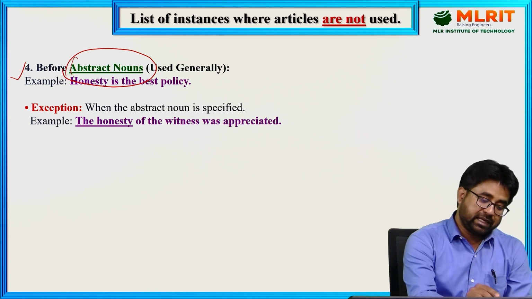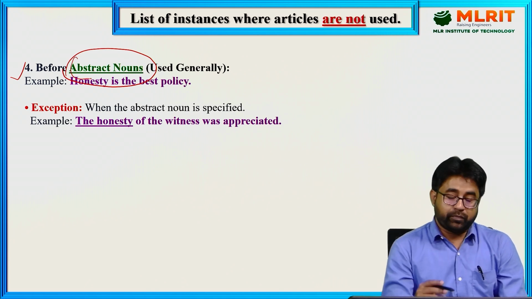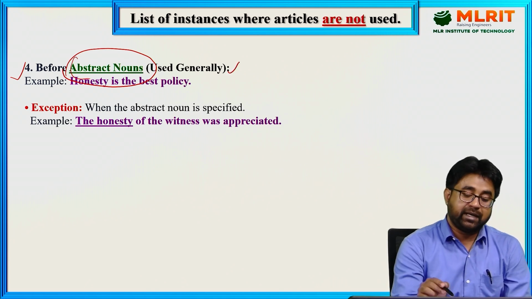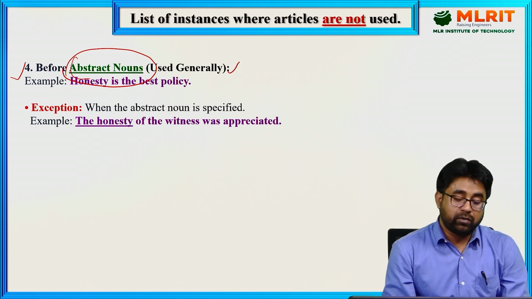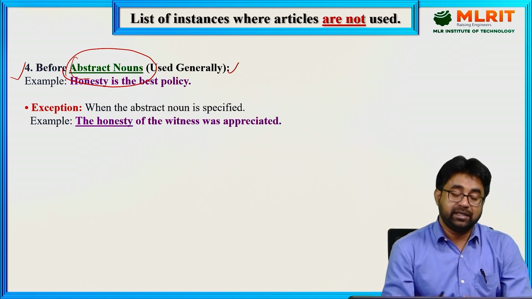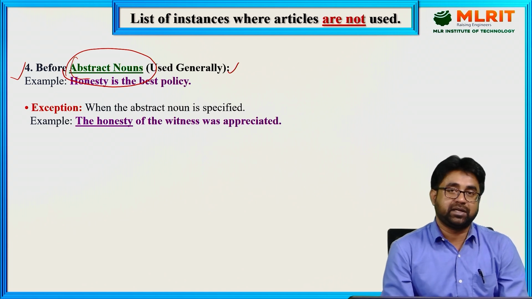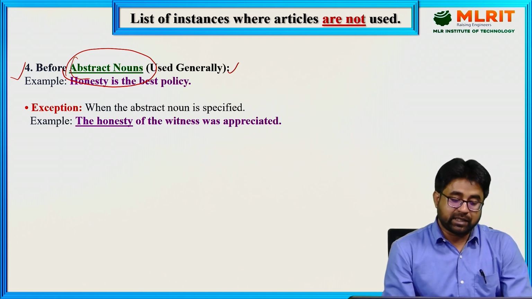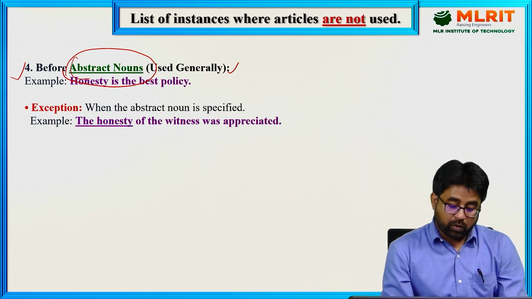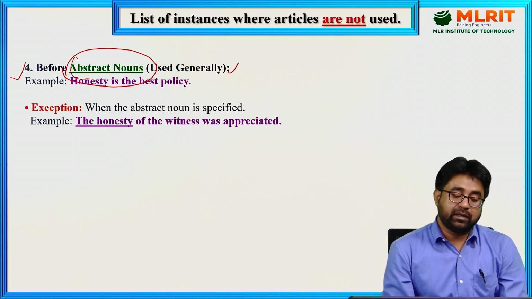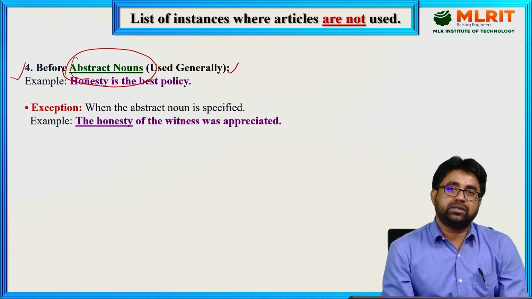So what is an abstract noun? When an abstract noun is used generally, the context is that this kind of noun must be used in a general sense. And in those cases, we are not supposed to use any article. You can take a pause and quickly reflect on what an abstract noun is. Fine. An abstract noun is a noun which denotes a kind of concept.